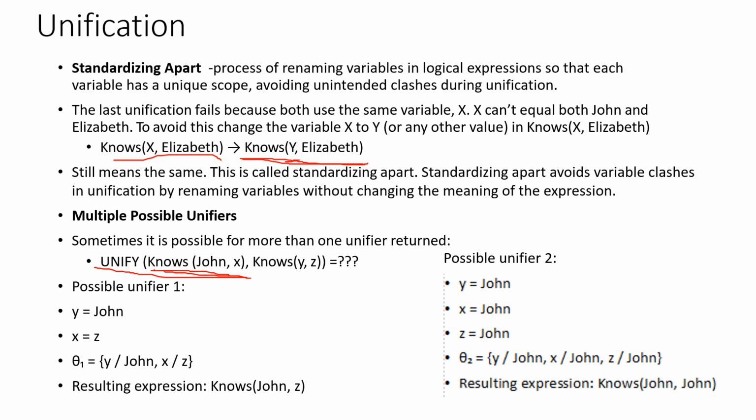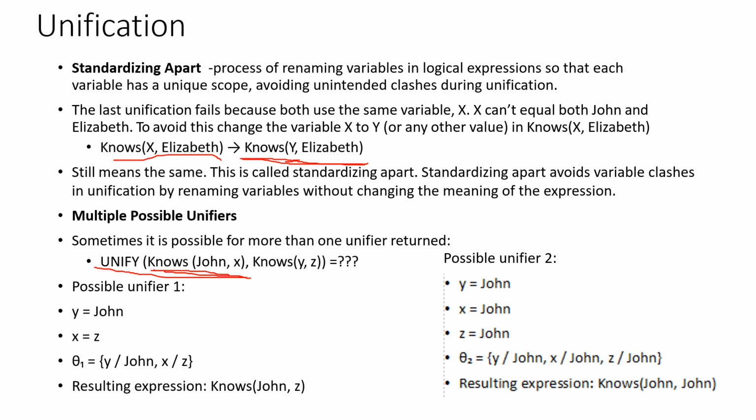So the substitution is possible. Now unification succeeds and the meaning of the expression is unchanged. So this renaming process is called standardizing apart. The variable names are local symbols, so renaming them does not change the meaning, but it prevents clashes during unification.